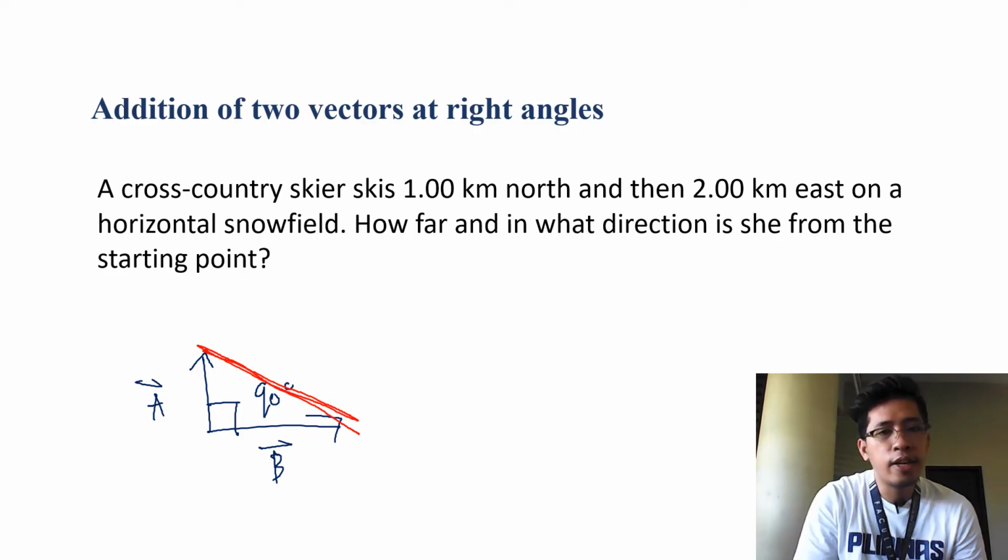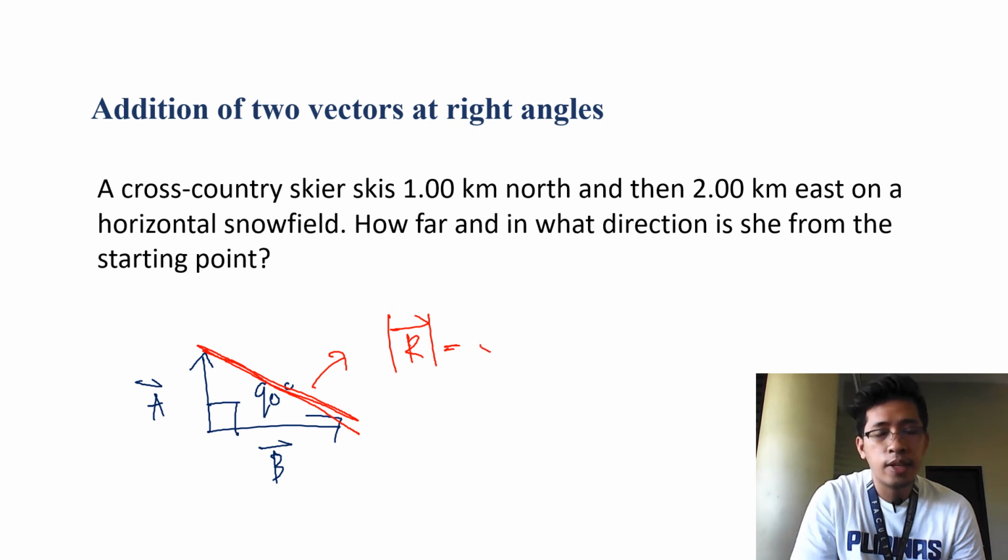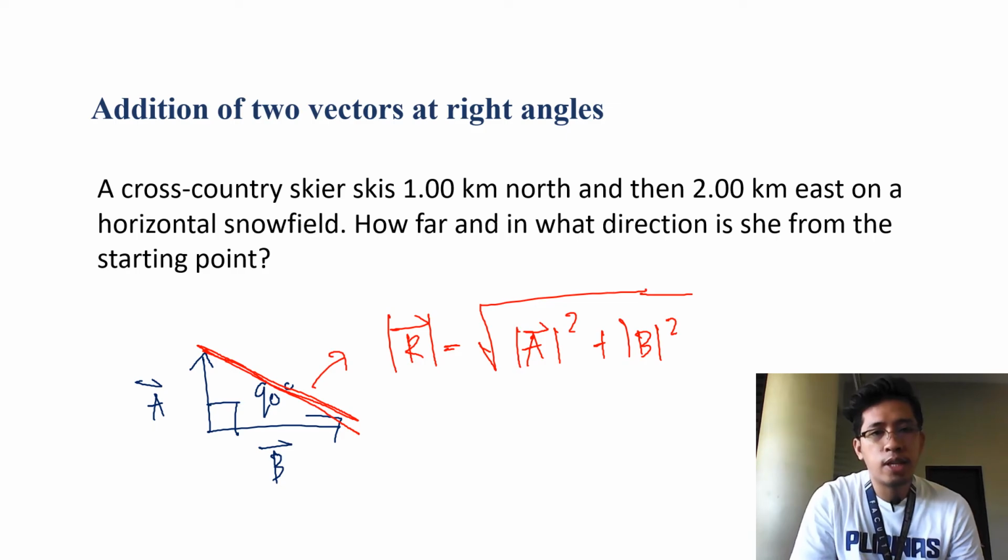And you can find this via the square root of the sum. The magnitude of that vector R is just the square root of the sum of the squares of the magnitudes of the individual vectors. From your geometry, this is your Pythagorean theorem.